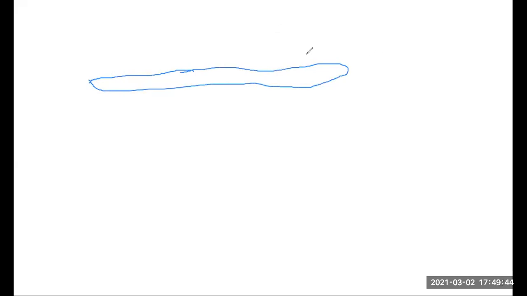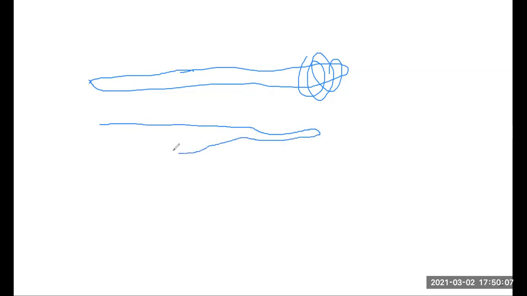If I take my hand and I squish on this end, ignoring the fact that I can't draw a hand on this whiteboard, what will happen is that this part will be much thinner and this end will end up being much larger afterward. Think about that.